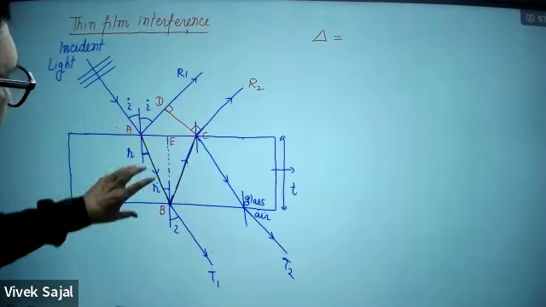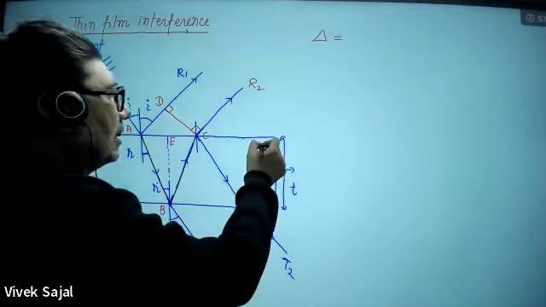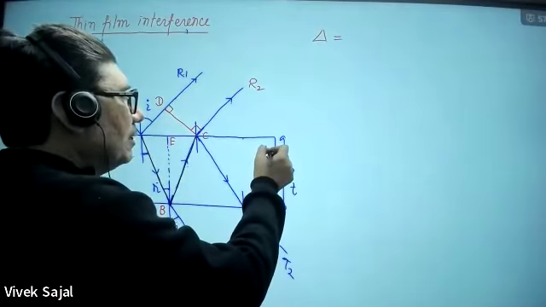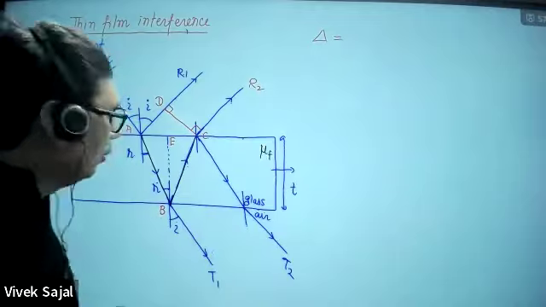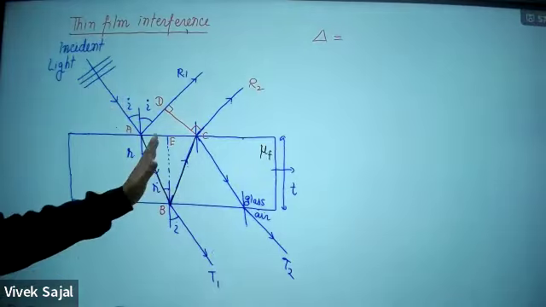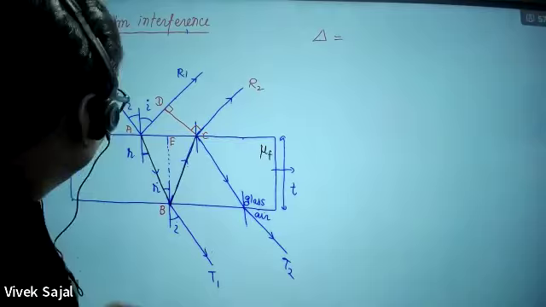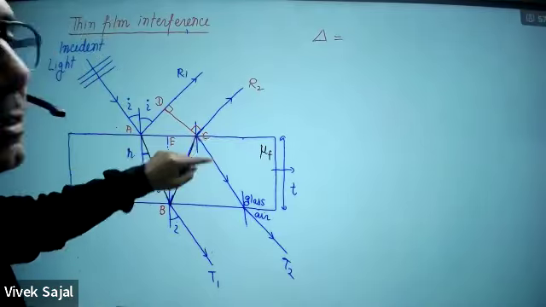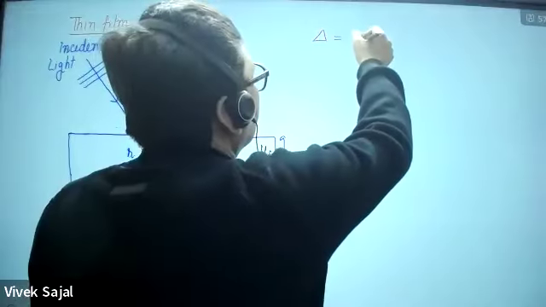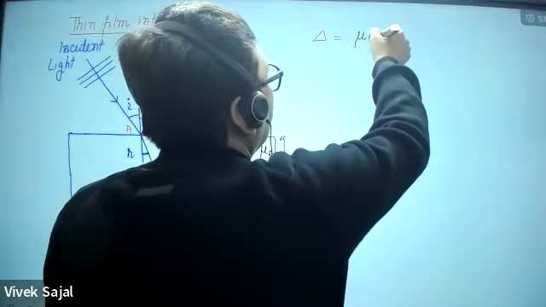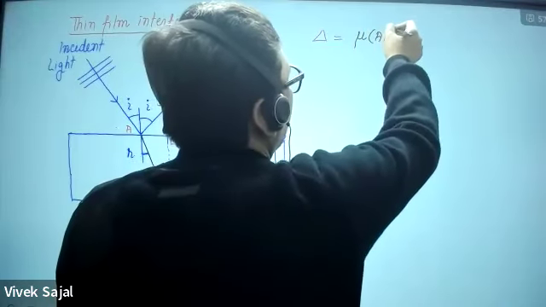This is where it is traveling inside the glass plate whose refractive index is mu. So the extra optical path traveled by R2 will be AB plus BC. So it will be mu times AB plus BC.